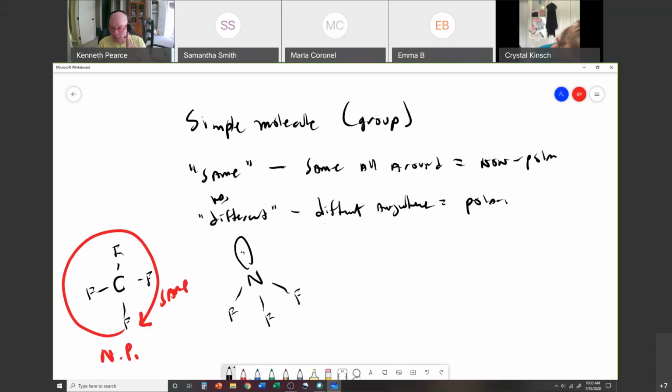And by the way, lone pairs are not the same as fluorines. And we would say different, and we would say this is polar. It's different.